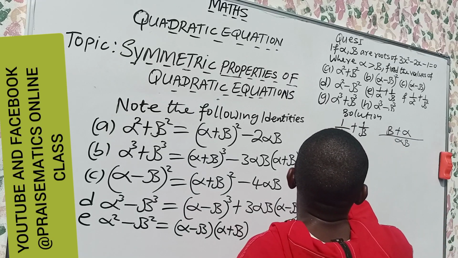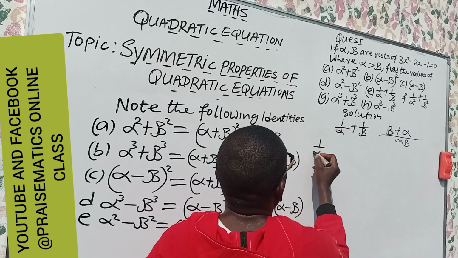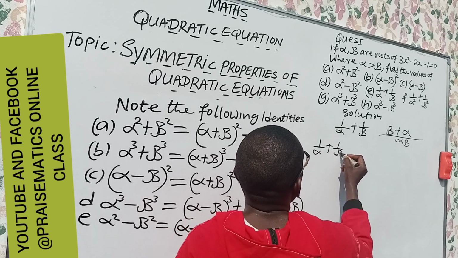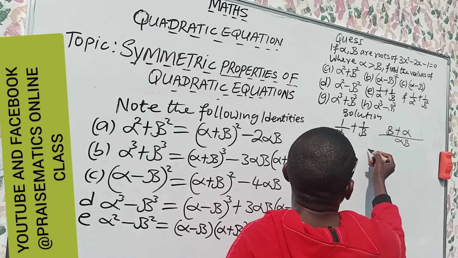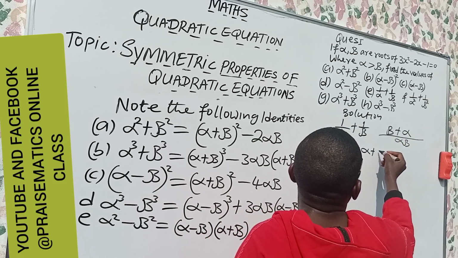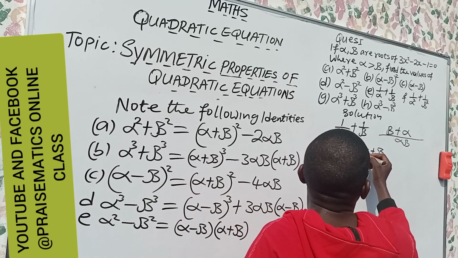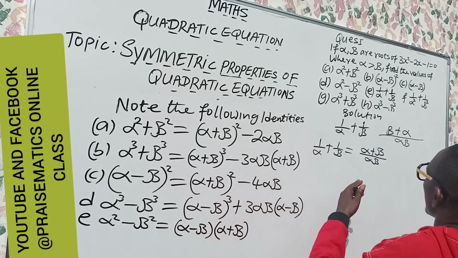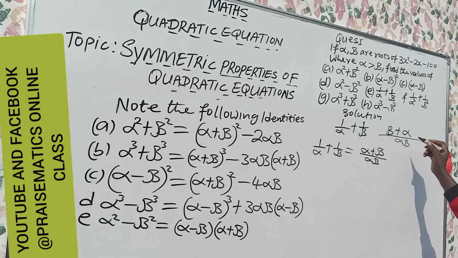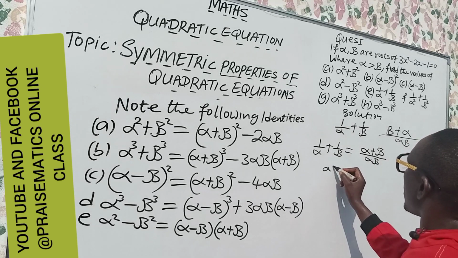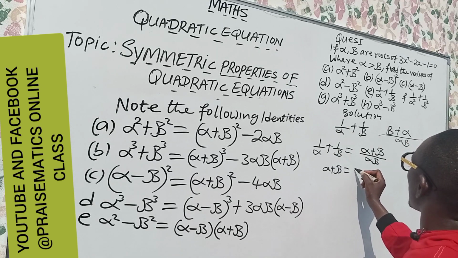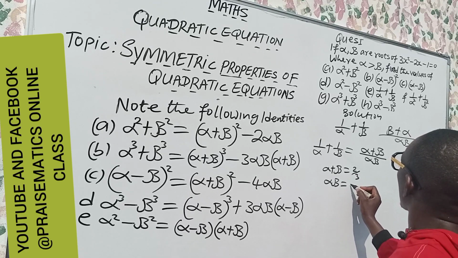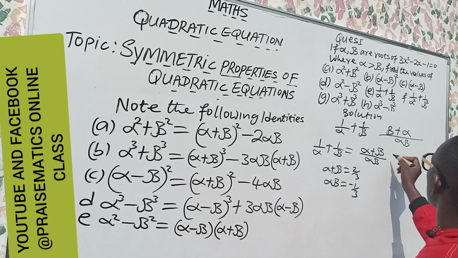It means that 1 over alpha plus 1 over beta is equal to beta plus alpha all over alpha beta. From the equation, we recall that alpha plus beta is equal to 2 over 3, while alpha beta is equal to minus 1 over 3. So what do we have here?